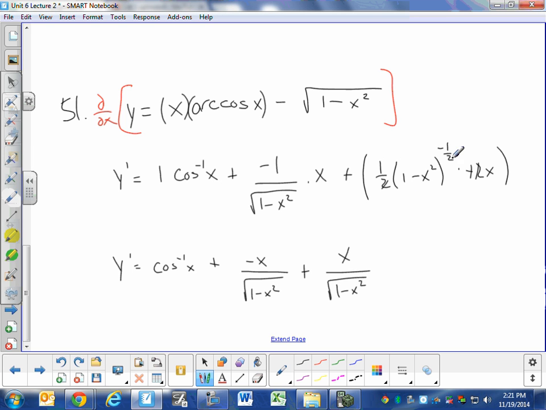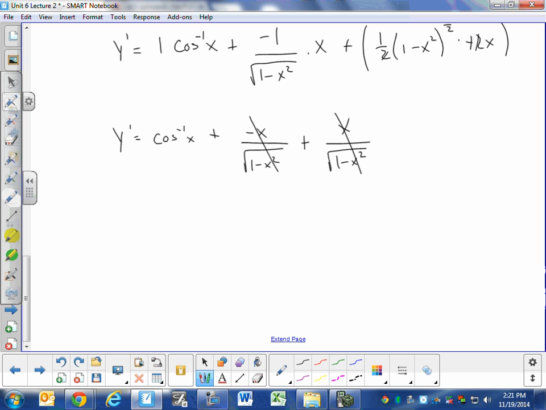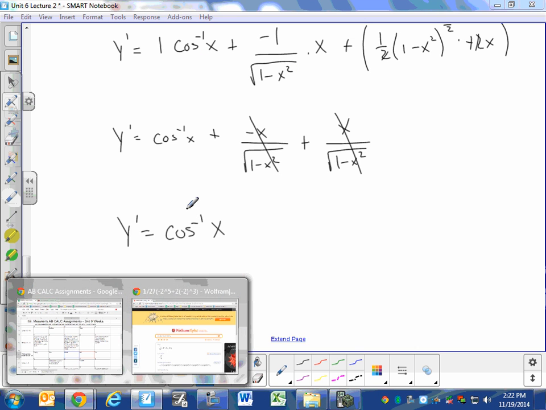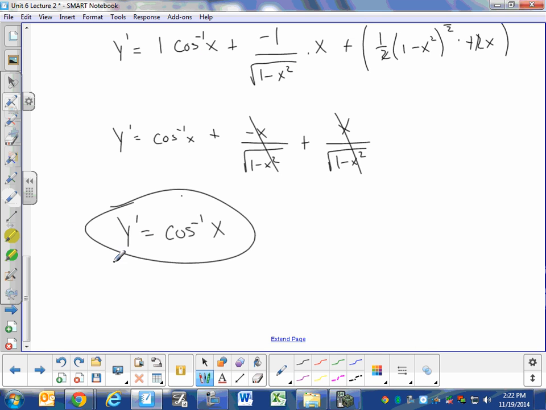Since this is a positive and this is a negative, this plus this is just 0. So the answer is just the inverse cosine of x. And I hope, if you check, that's the right answer. All right, good luck.